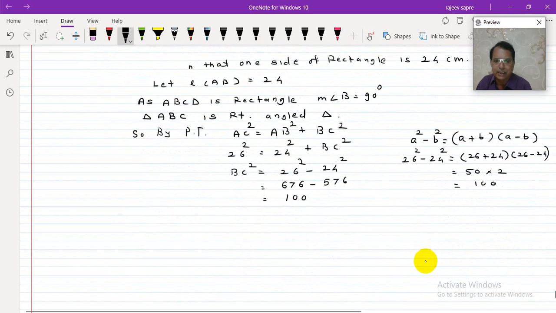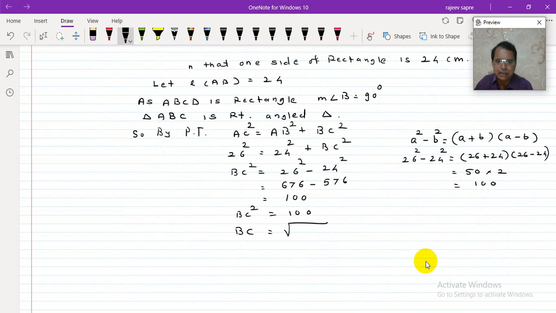So what we get finally? You have got BC squared is 100. So BC will be root of 100, and root of 100 is what? 10. We don't write plus or minus 10 because these are lengths of the sides. So they cannot be negative. So this is the first problem. We are asked what is the other side of the rectangle.